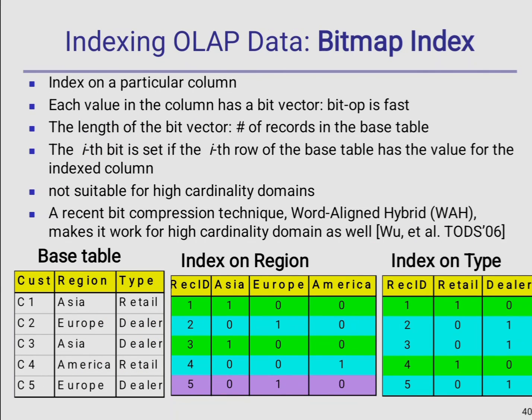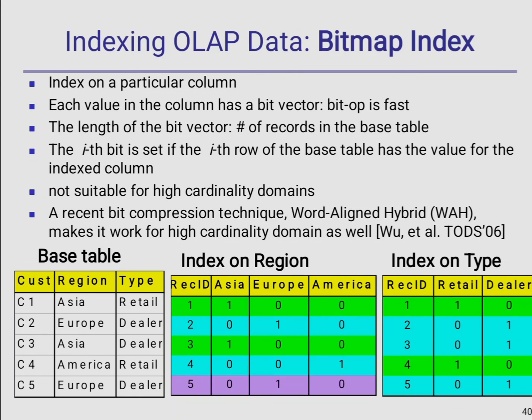Next we have access methods in OLAP. There are two access methods. One is the bitmap index, and the other I will tell you in the next slide. A bitmap index is an index on a particular column, like region or type.